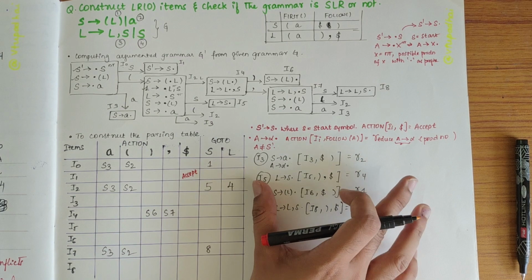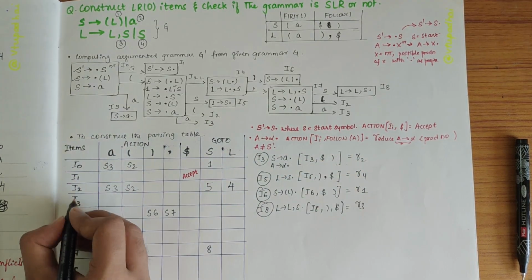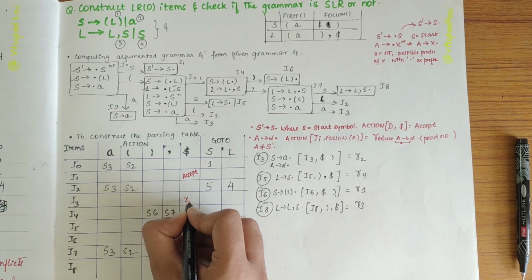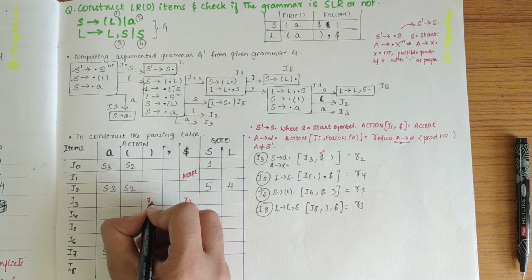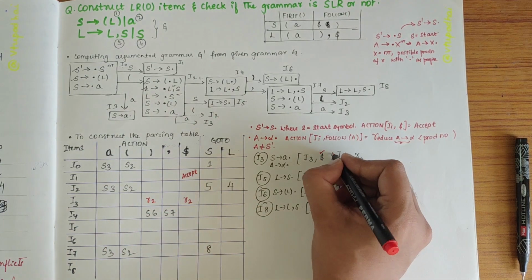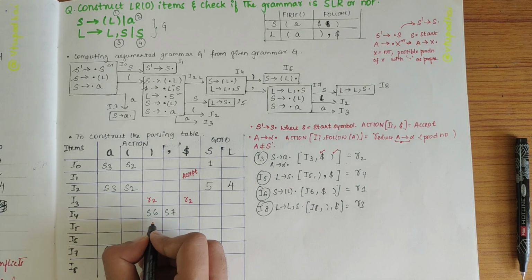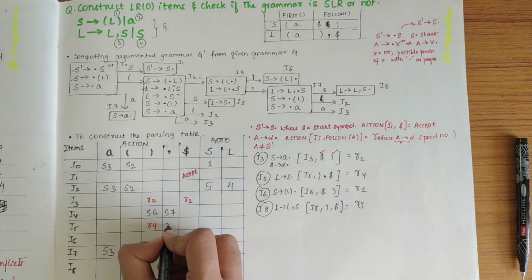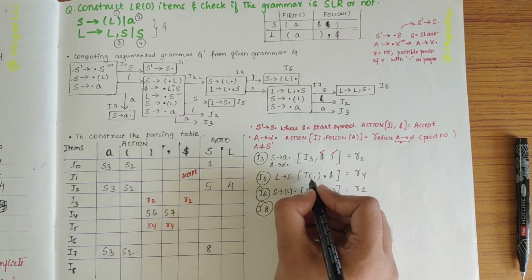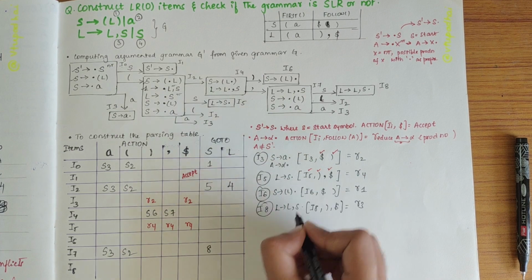So now let me start filling these values in the table. So I3 comma dollar, write R2, and open bracket also write R2, close bracket also write R2. Next I5 and close bracket write R4, I5 and comma write R4 and I5 and dollar write R4. So I am done with these.